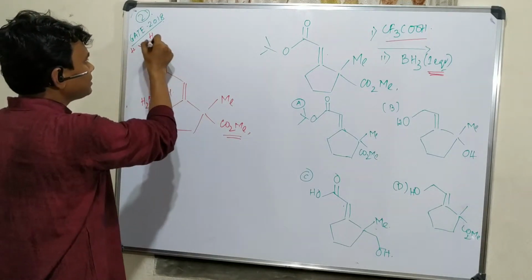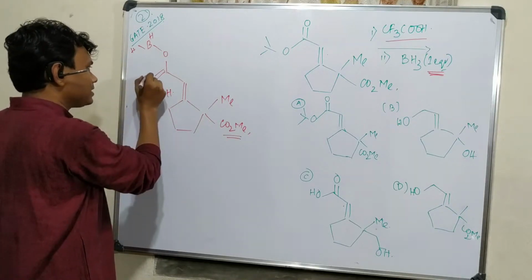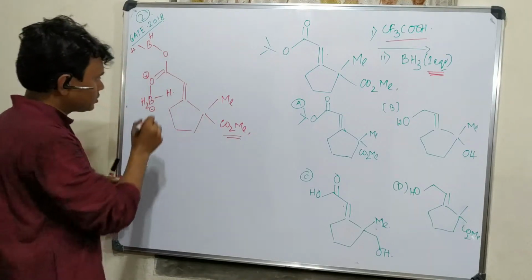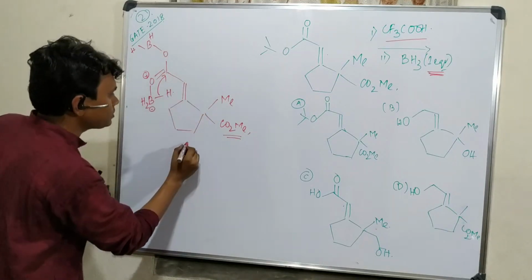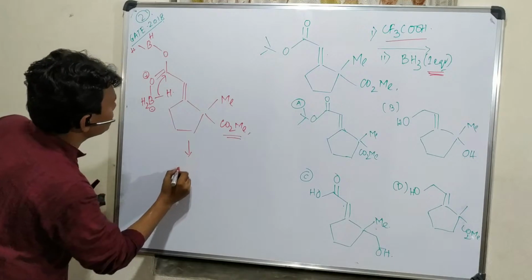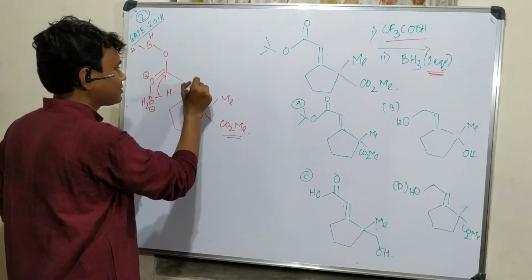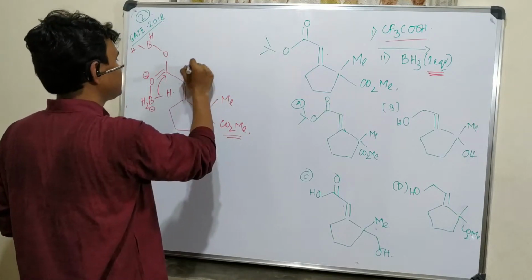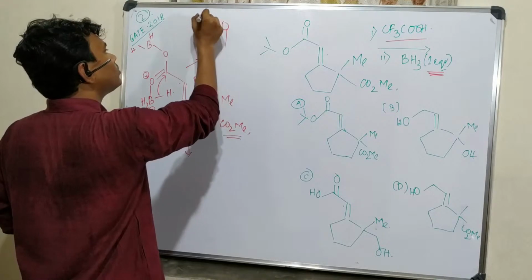So here this boron is octet filled, here this has a formal charge, and this oxygen has a formal charge because of coordination, and it will attach here. So in this way, what will be produced? I will consider this double bond part as R. It will make the picture a little simpler. Means what will be produced here?